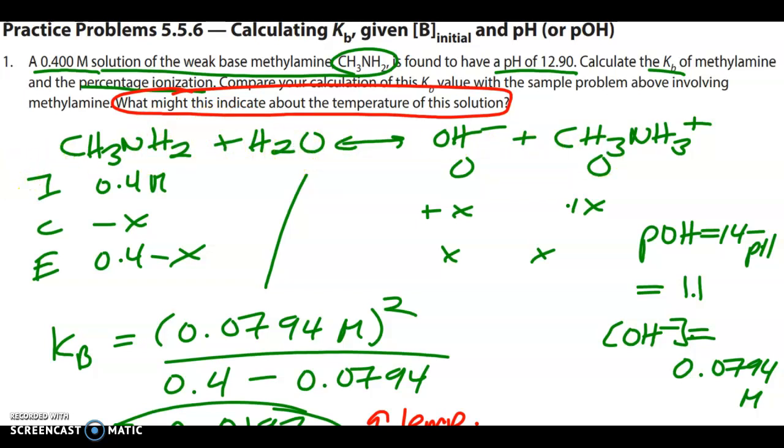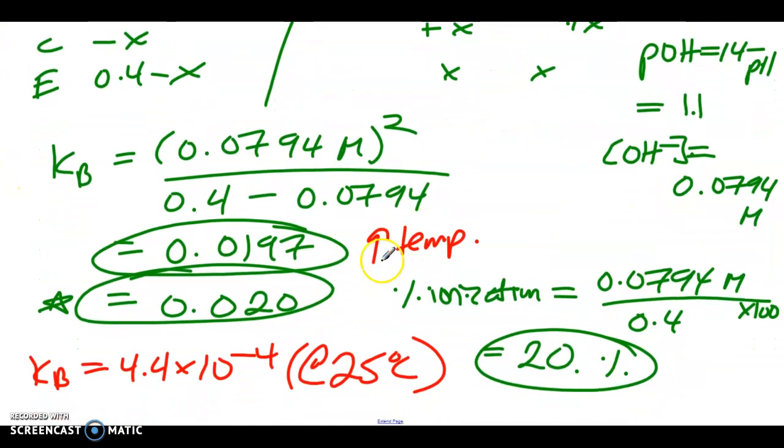So the chances are you're going to have a higher temperature with a higher Kb because you're pushing towards creating more product. We can't really say too much, except I think the temperature is higher than 25 degrees. That's pretty much the only thing we can concretely say. How much? We don't know. We won't have a way of measuring that with the information given.